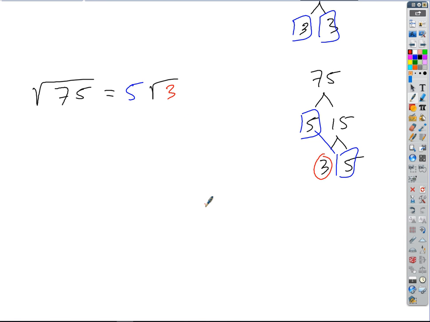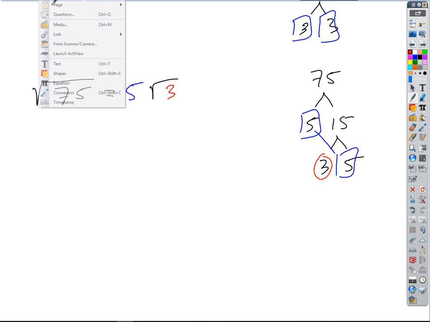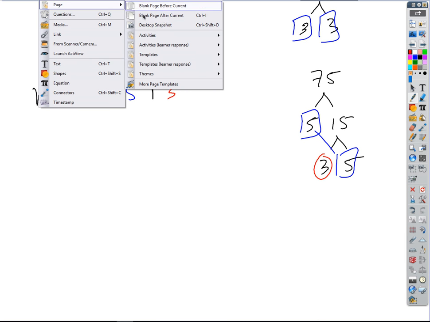Okay, one more. We'll call her good. So let's do this one together. So what are factors of 108? 12 and 9. Okay, good.